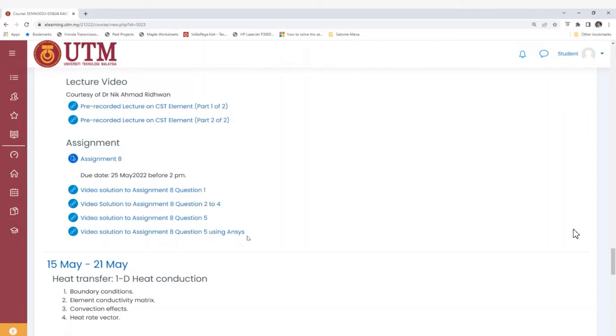But if you need advanced, you might want to go to YouTube and find a better video that explains CST using ANSYS. Okay, since the plate shown in figure 1 is symmetrical in both horizontal and vertical axes, the analysis can be done by using a quarter model with appropriate boundary conditions. Use a minimum of 12 triangular elements. The problem with ANSYS is it can use either rectangular or triangular. Rectangular elements we do not cover in this class.